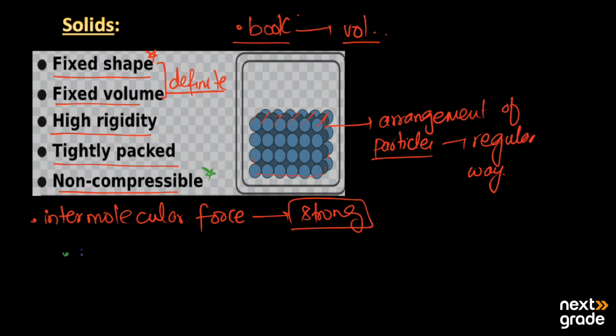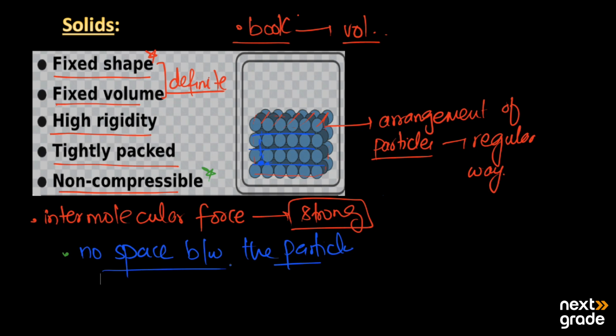There is no empty space between the particles, the particles are closely packed, and they have a strong force of attraction. So this is the main property. Why are they non-compressible? Because there is no space between the particles of solids.